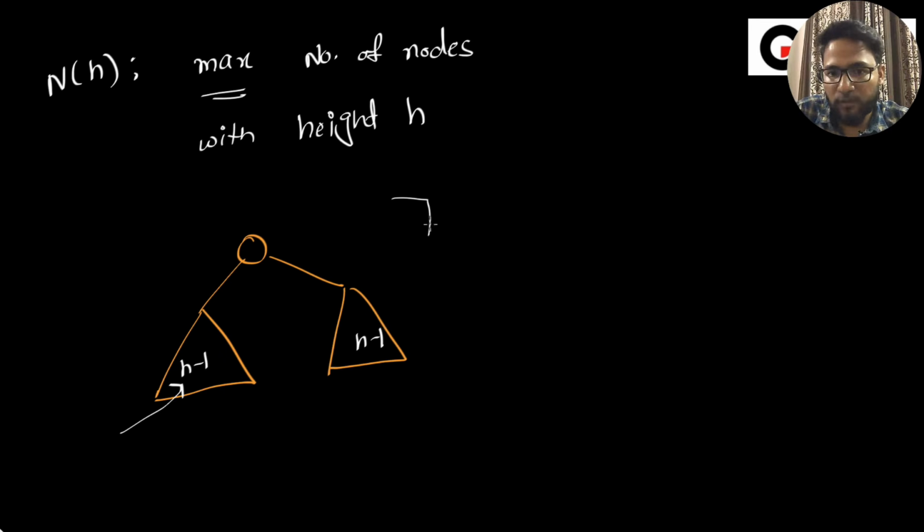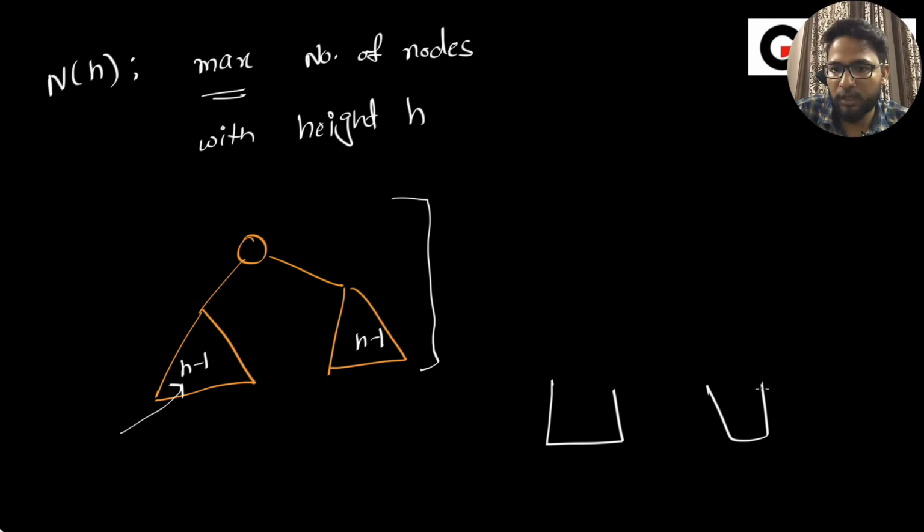Suppose these are two buckets of height h-1, and this is just one bucket of height 0 or something. Here I can just put one node, like this node. I'm trying to explain with this example, maybe it is useful. I want the maximum number of nodes in these three buckets combined.